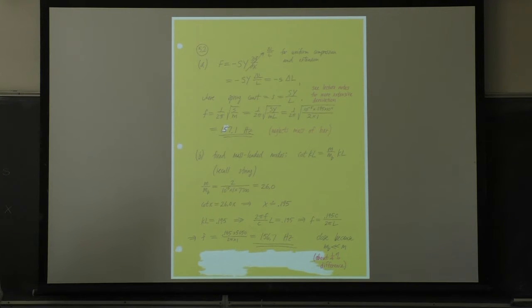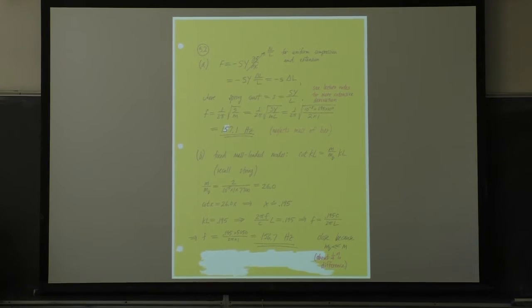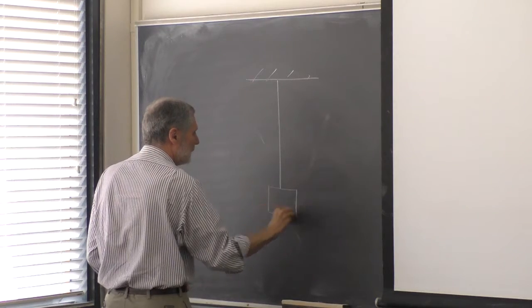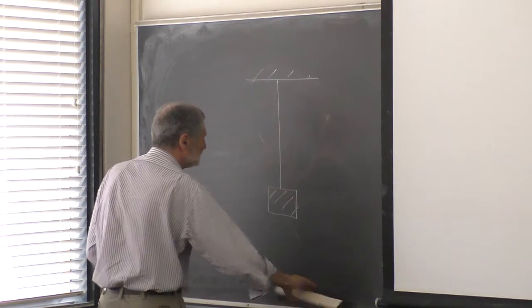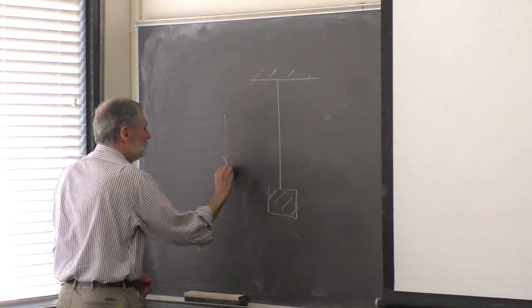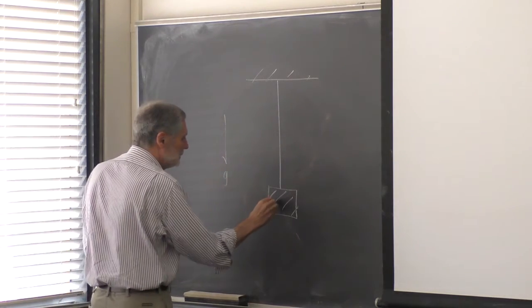Okay, so 5.2, yeah, this is interesting. So here we have a mass connected to a wire. And of course, we're in a gravitational field here.